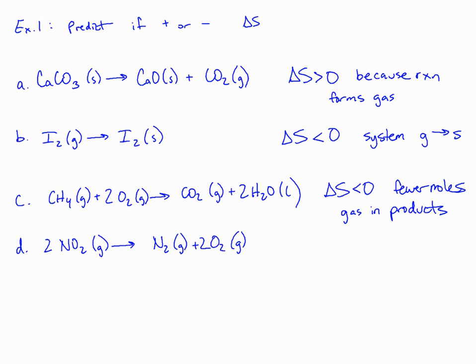Part D, we have 2 NO2 gas yielding N2 gas plus 2 O2 gas. With this one, first off, we have the number of substances increasing from 1 to 2. So that's going to be an increase first off, so it's going to be positive. We also have more moles of gas in the products than in the reactants. So that agrees with this assessment.